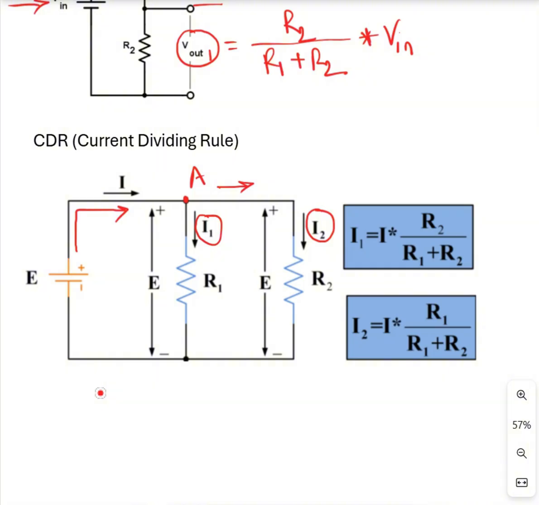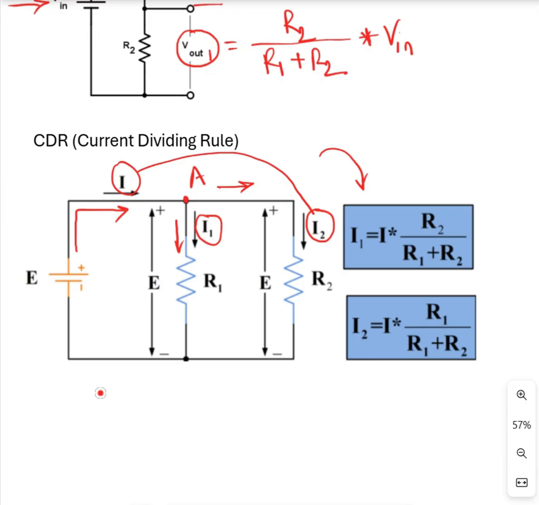Now if you'd like to evaluate the values of I1 and I2, we have to use this formula. I1 means the current going through the resistor R1. So I1 is equal to the total current I times R2.